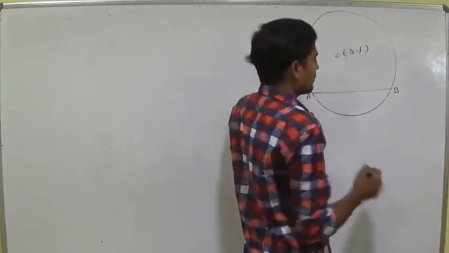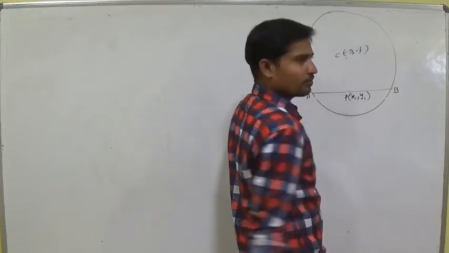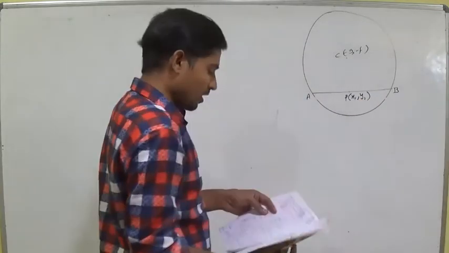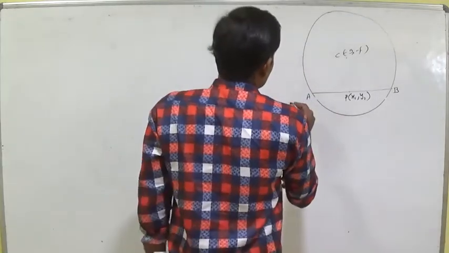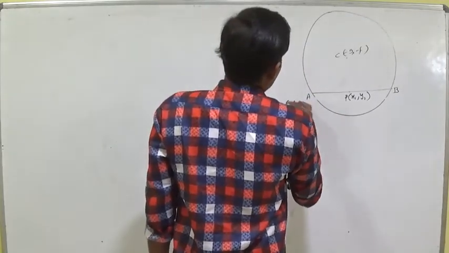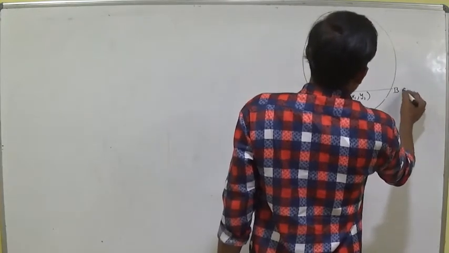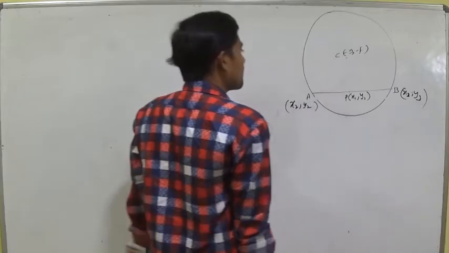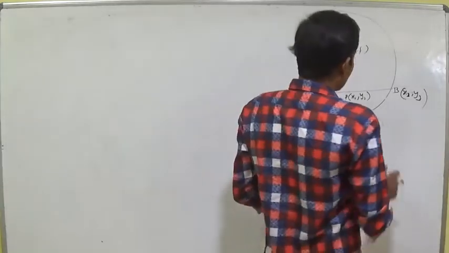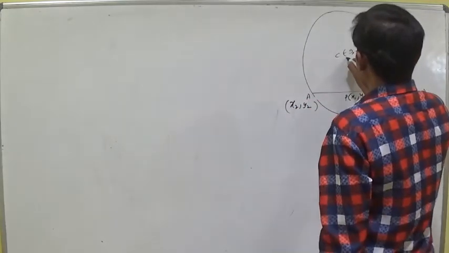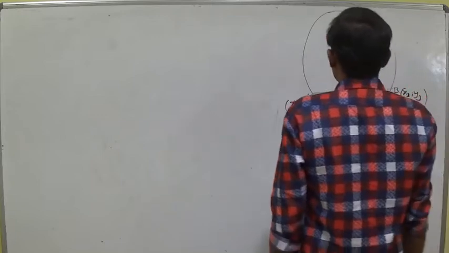Midpoint of the chord P is x1 comma y1. The coordinates of A and B are respectively x2, y2 and x3, y3. The equation of a chord passing through AB.